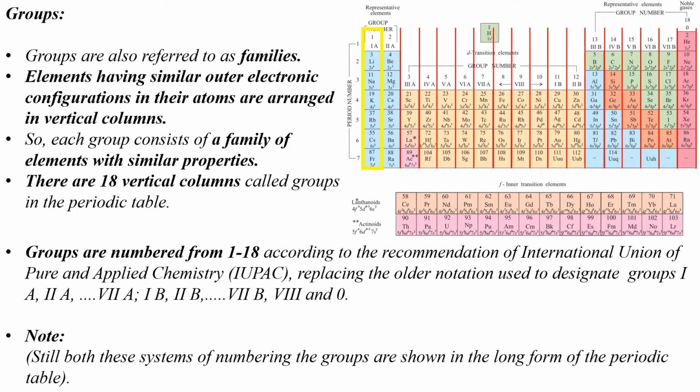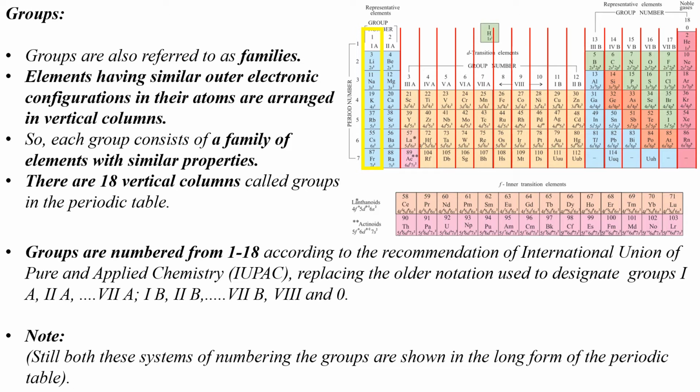Now how do we number these groups? Groups are numbered from 1 to 18 according to the recommendation of the International Union of Pure and Applied Chemistry. In short, I would call it IUPAC. Earlier, in olden times, groups 1 to 18 were designated as 1A, 2A, 3A, 4A, 5A, 6A, 7A, 8, 1B, 2B, 3B, 4B, 5B, 6B, 7B and 0.